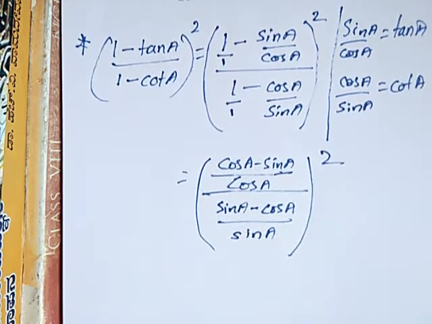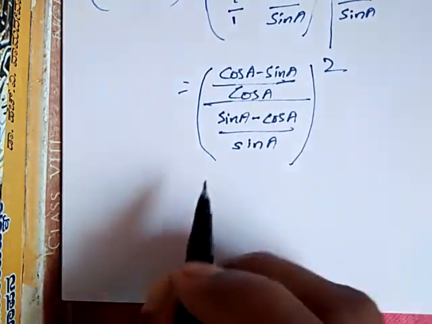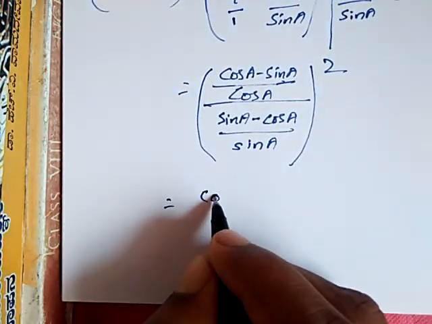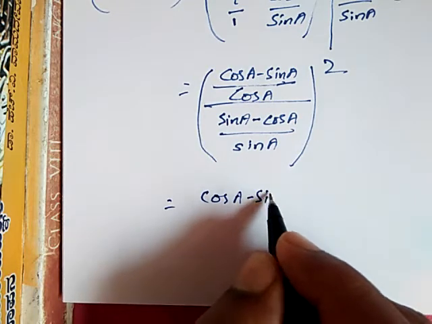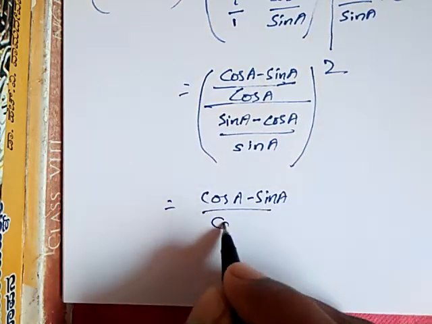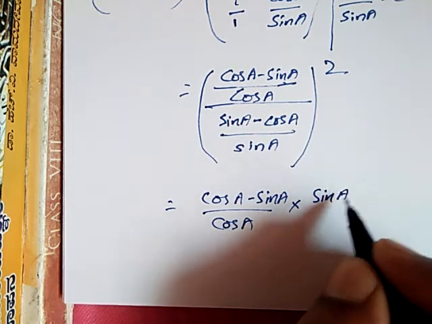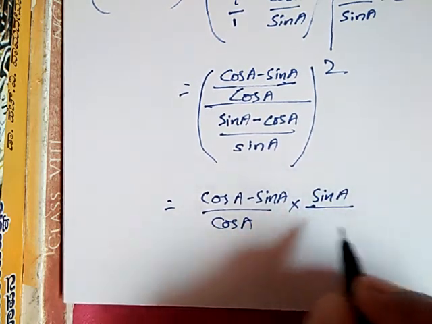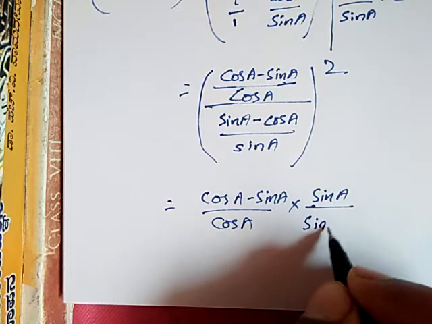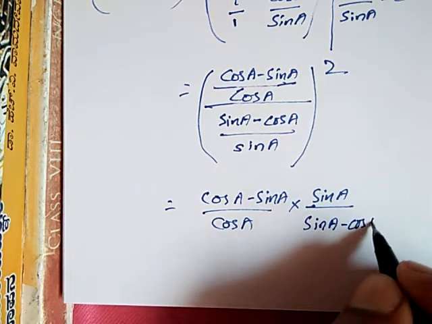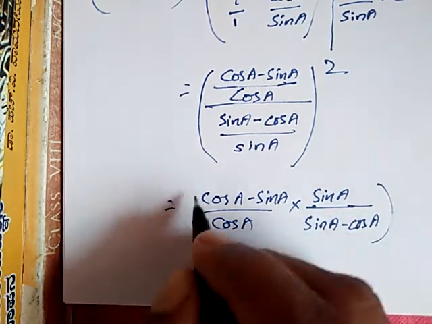Now this can be written as cos a minus sin a divided by cos a, into sin a divided by sin a minus cos a, whole square.